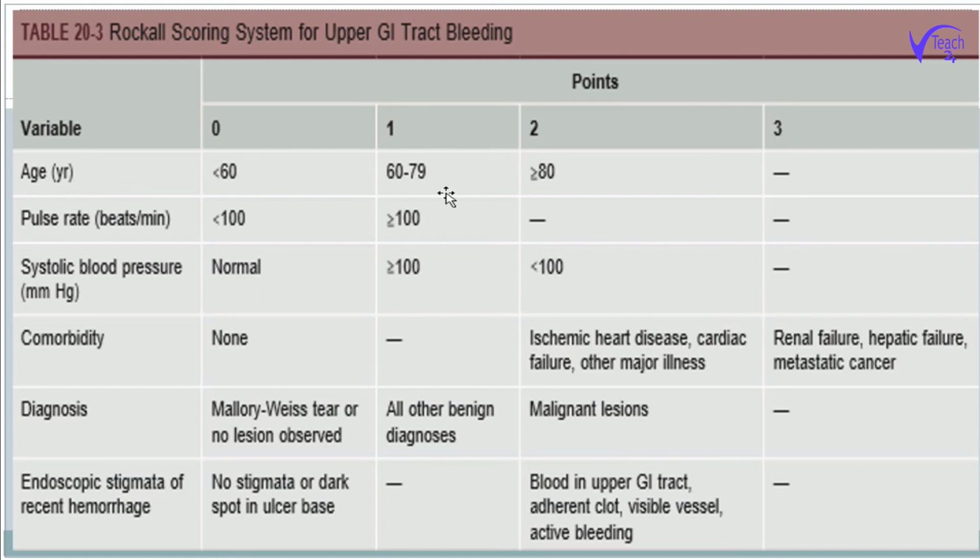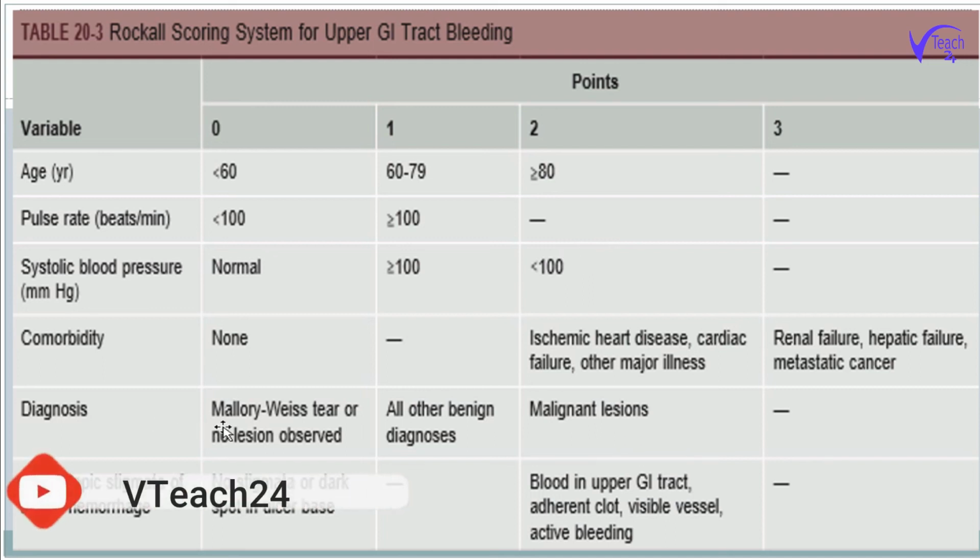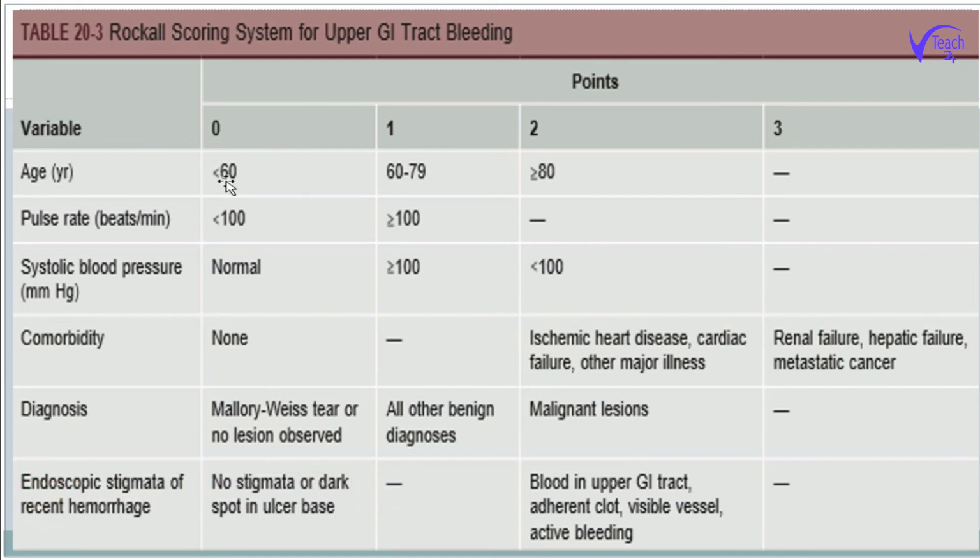See, if there is 4, because of the age and some additional factors, a pulse of more than 100 and systolic blood pressure of less than 100. The score was 5 preemptively, but when we performed the endoscopy, we saw just Mallory-Weiss tears, and the score added was 0.